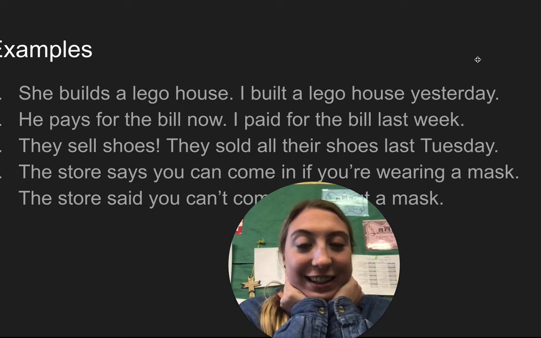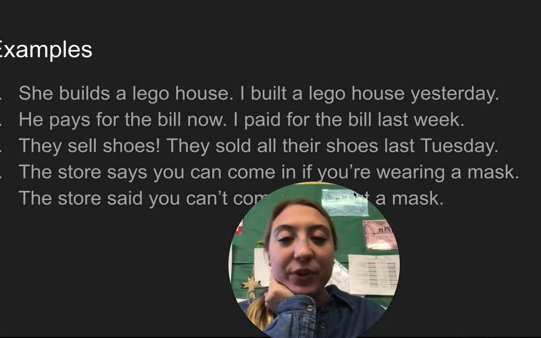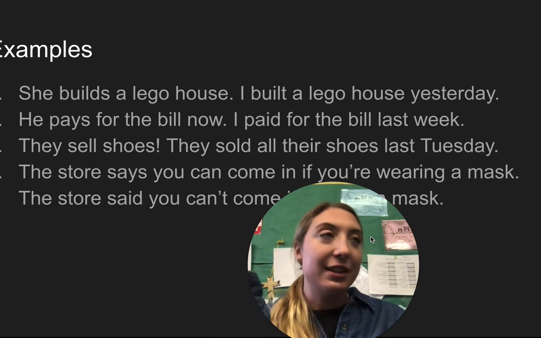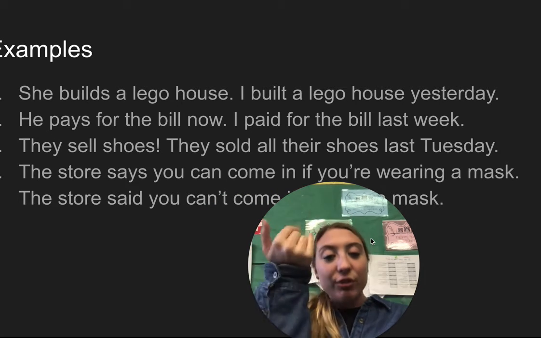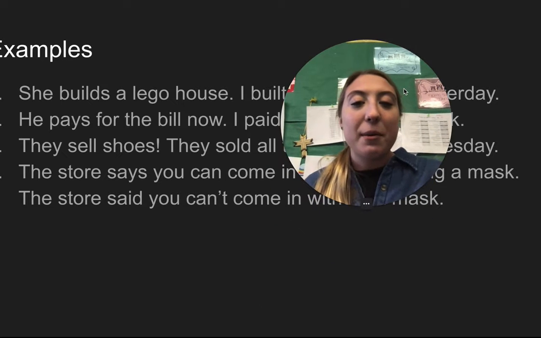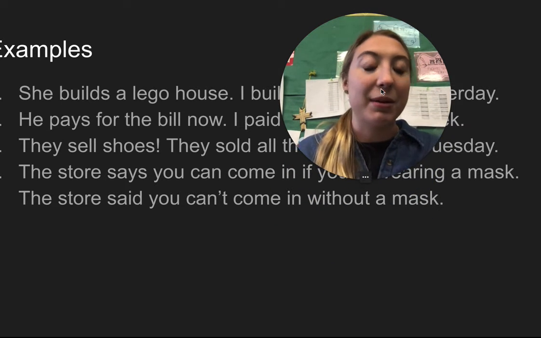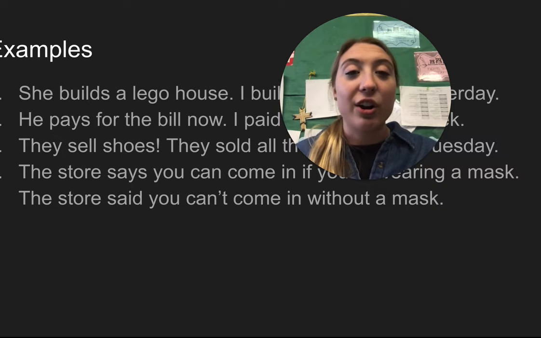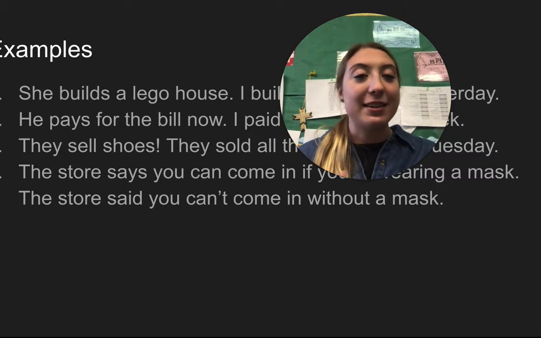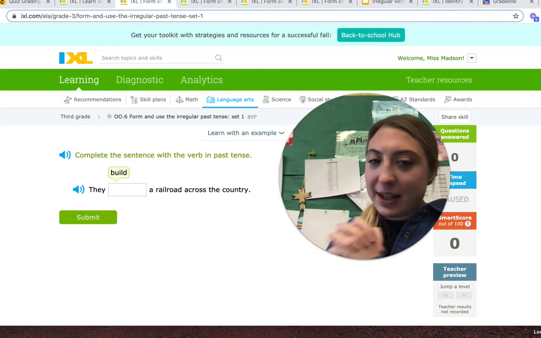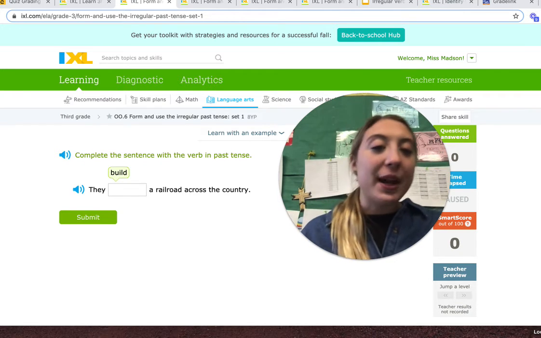All right, so the store says you can come in if you are wearing a mask. So they are saying you can come in if you have a mask. But if I said the store said you can't come in without a mask, they already said it, it's in the past. It's already been done. Now let's move on to some examples that are going to be our homework. Make sure that you did.